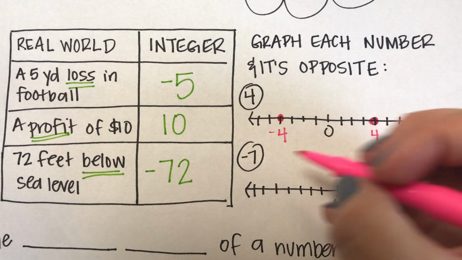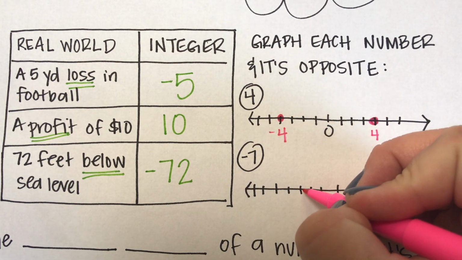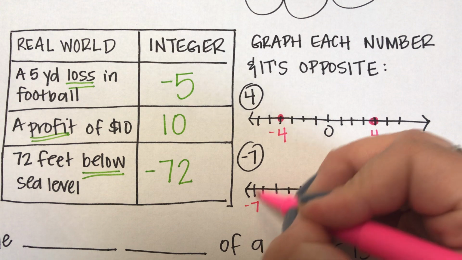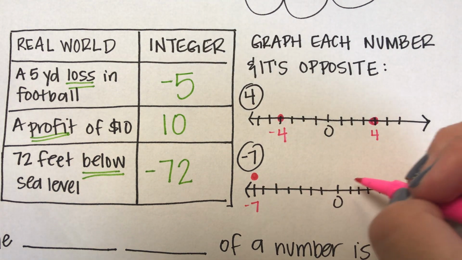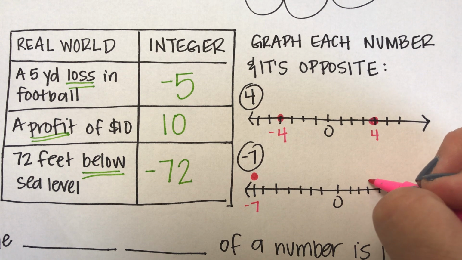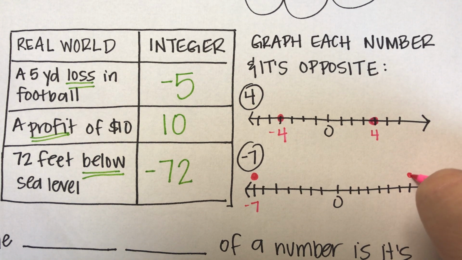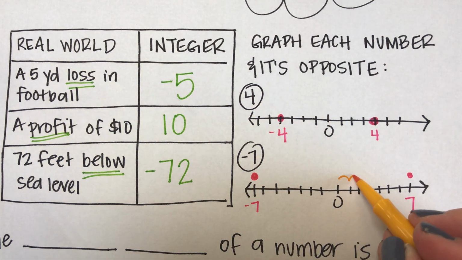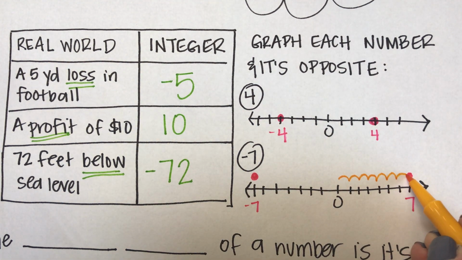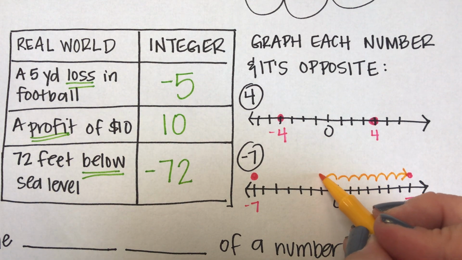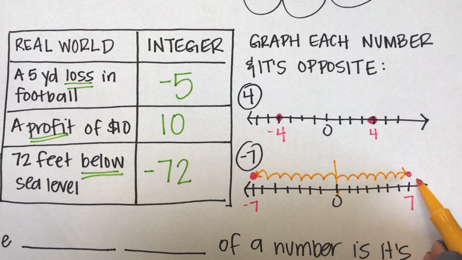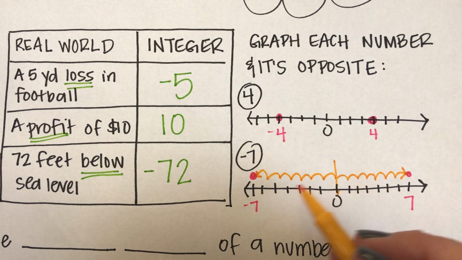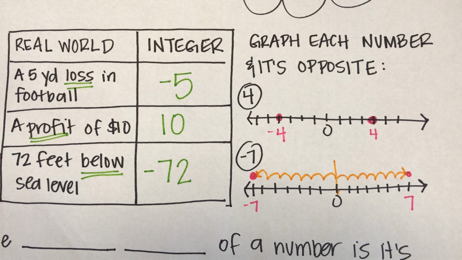Okay, well, what if you start with -7? -1, 2, 3, 4, 5, 6, 7. Okay, and now we're going to graph its opposite, which is positive 1, 2, 3, 4, 5, 6, 7. Okay, so what you'll notice is that this is 7 spaces, right? And this is 1, 2, 3, 4, 5, 6, 7. So they're the same distance from 0, but just on opposite directions.